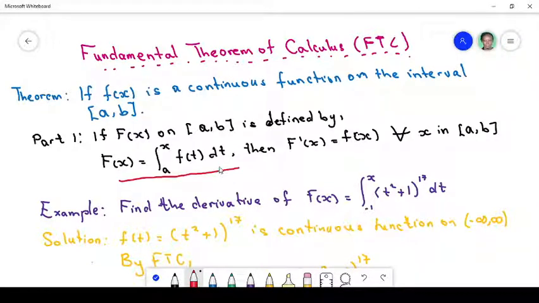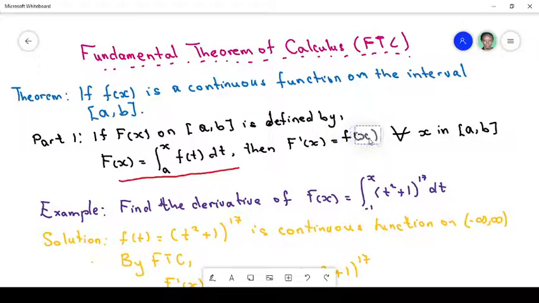What does it mean? It means that the derivative of F of x is equal to f of x, for all x in this interval. So let's look at what that definition implies.